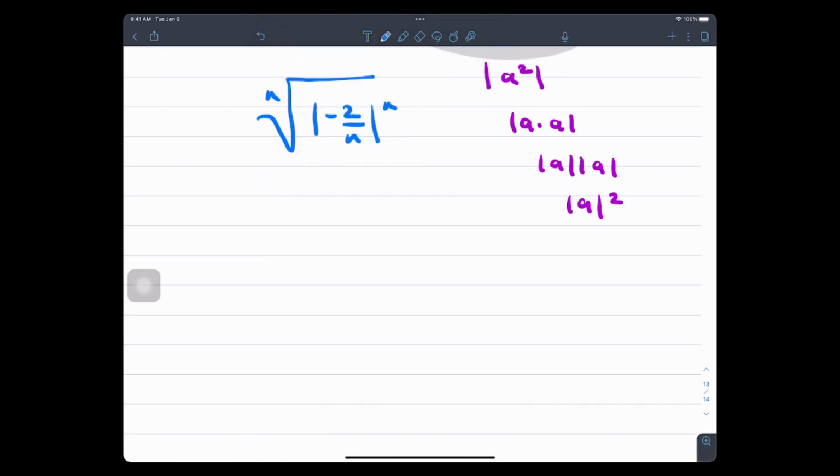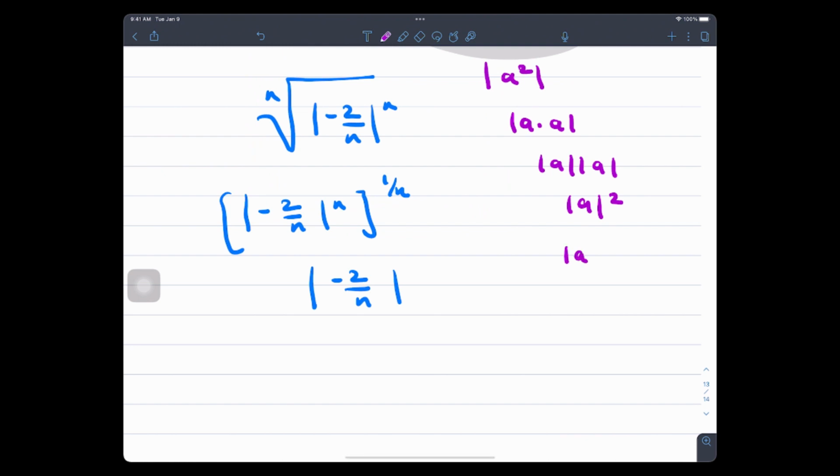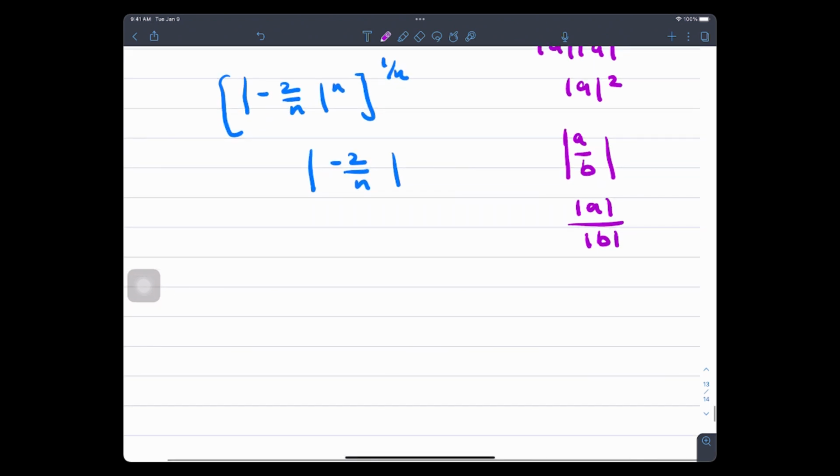And then this is negative 2 over n raised to the 1 over n. So this is now going to be the absolute value of negative 2 over n. And then you might say, what's the algebra here? Well, the absolute value of a over b is the absolute value of a over the absolute value of b, which is a over b.